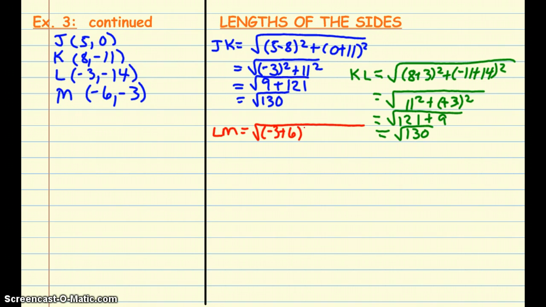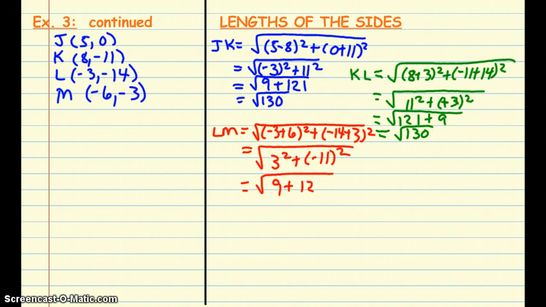Again, using the distance formula and your coordinate pairs. So we have the square root of 3 squared plus a negative 11 squared. And looking at how we solve the other 2, this is also going to turn into the square root of 130. So again, 3 out of our 4. And then my last side is side MJ.